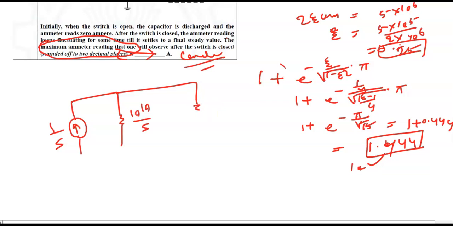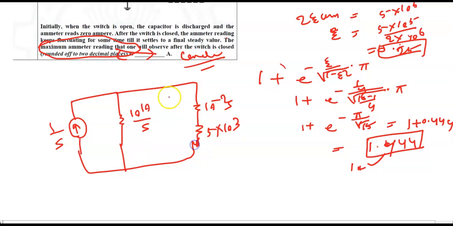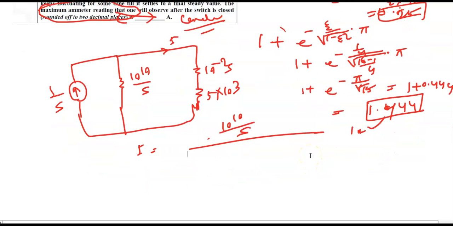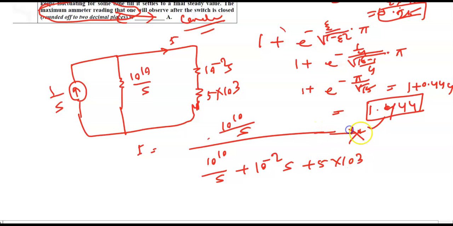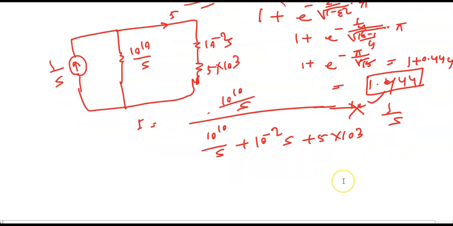Then you have Ls, 10 to the power minus 2 s. Then the resistor is 5 into 10 to the power 3. The ammeter is connected here, that means this current, so I is given by current division: 10 to the power 10 upon s, upon 10 to the power 10 upon s plus 10 to the power minus 2 s plus 5 into 10 to the power 3, into 1 upon s, because we have done current division.